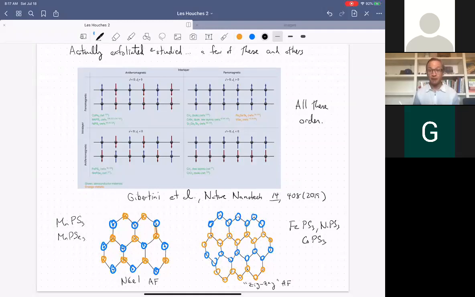Here, again, you have spins oriented in two directions, but each spin orientation, rather than alternating, forms these zigzaggy stripes on the lattice, and this is quite common. I would remark that this is the same magnetically ordered state that occurs in this example I already mentioned, which is alpha ruthenium trichloride.